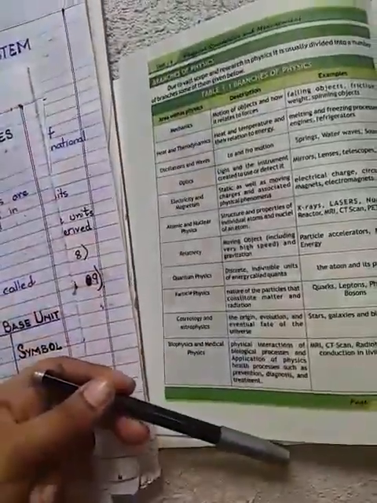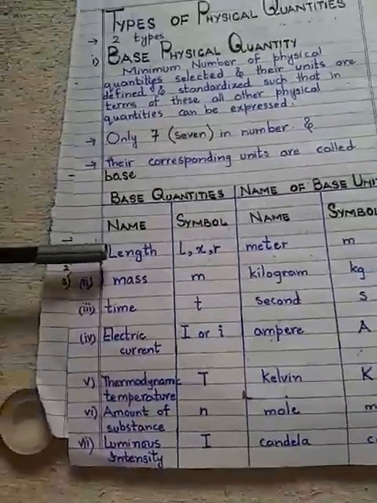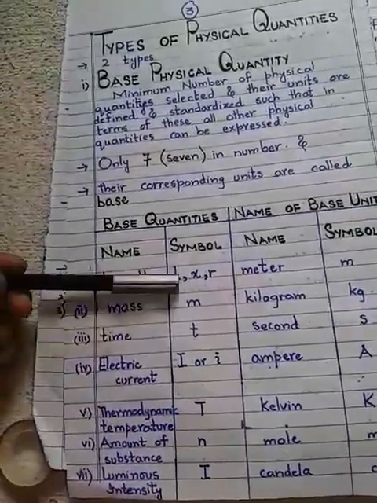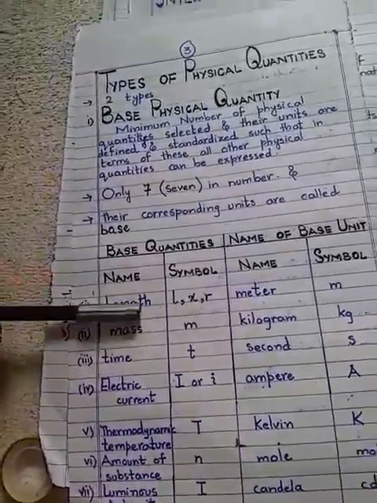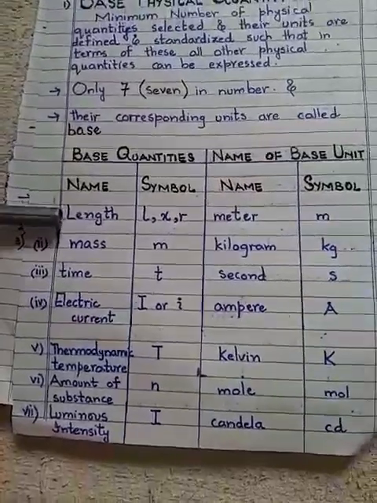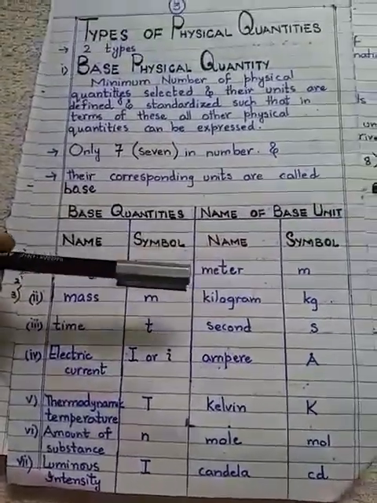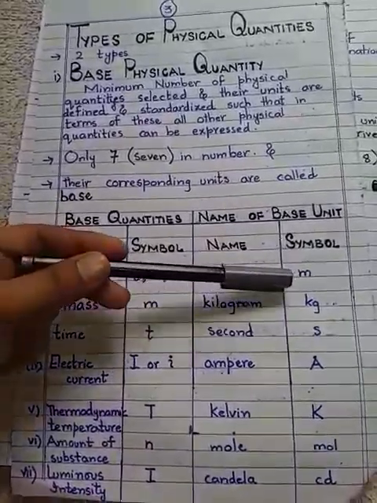Three different units are used for length. Small l is the symbol used for length. The SI unit of length is meter, and the symbol of meter is small m.